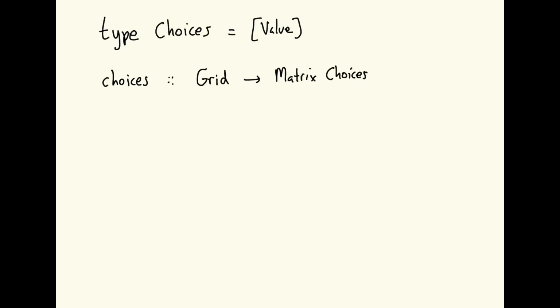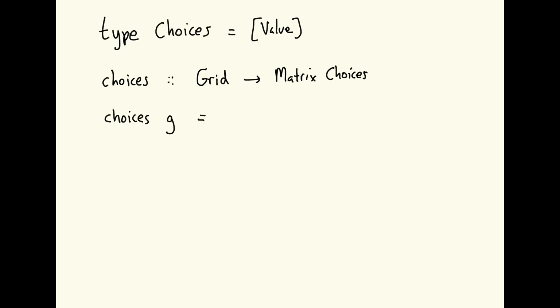And now you see why the matrix type is parameterized, because here we're having a matrix of choices. We're no longer just having a matrix of values, which are single characters. Now we're having a matrix whose entries are lists of values, or all possible choices. So we see now the advantage of having this parameterized data type for matrices. So we can define the choices function now. This is a very easy one to define.